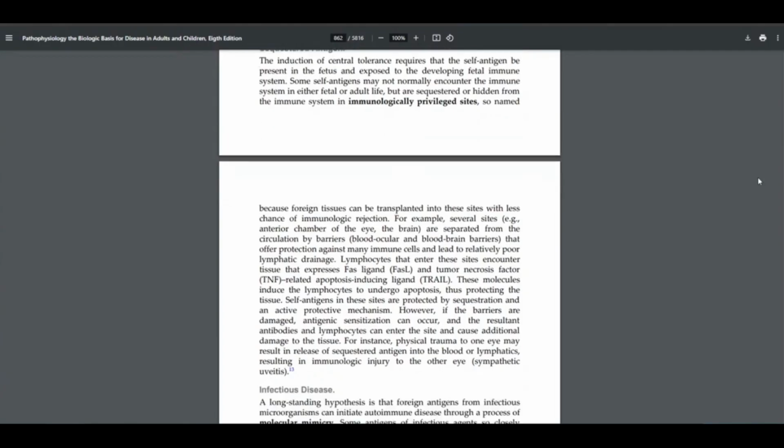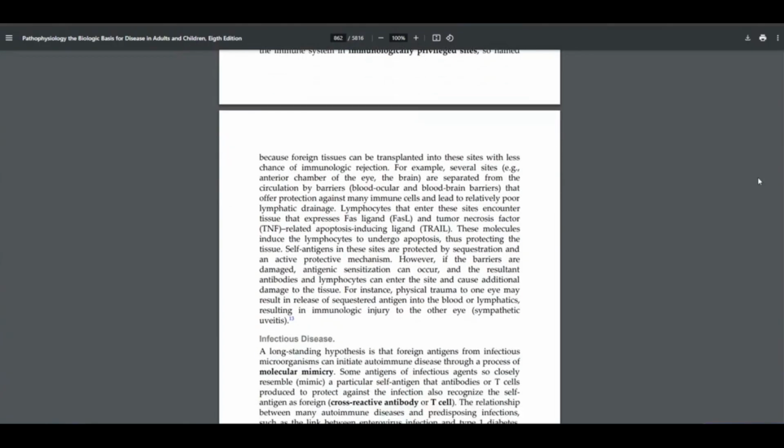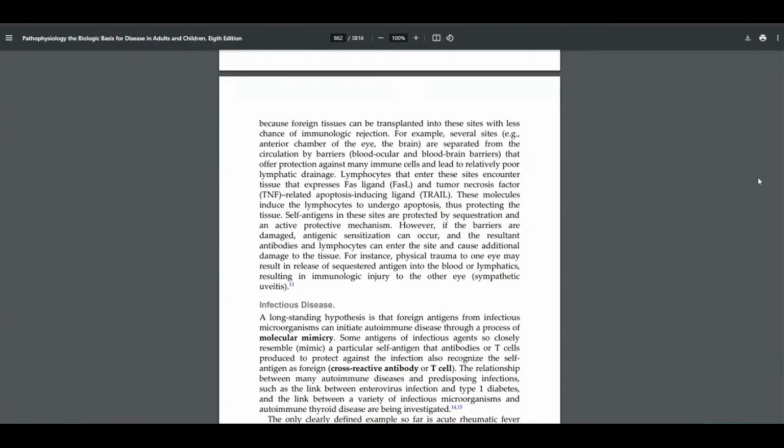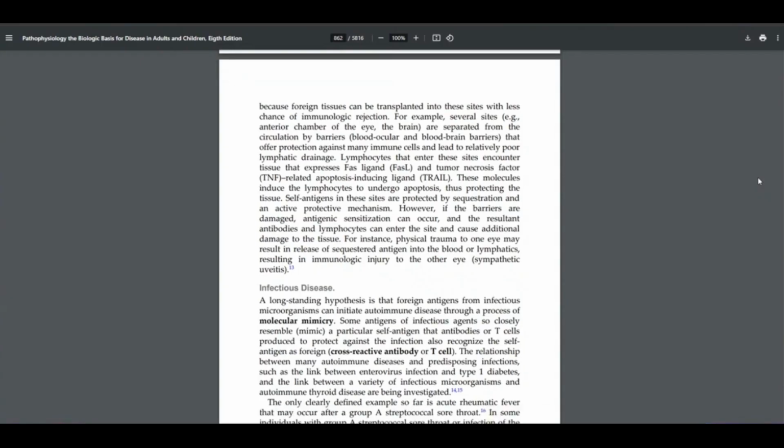For example, several sites, the anterior chamber of the eye and the brain, are separated from the circulation by barriers, the blood-ocular and blood-brain barrier, that offer protection against many immune cells and lead to relatively poor lymphatic drainage.